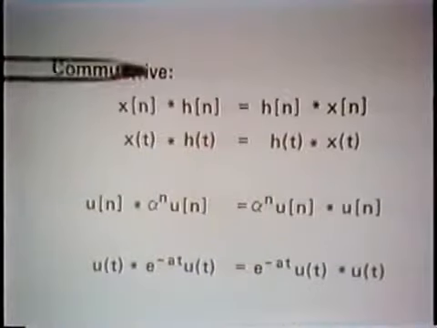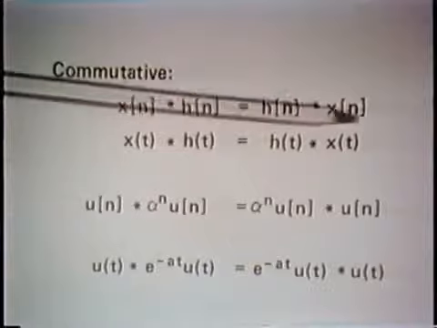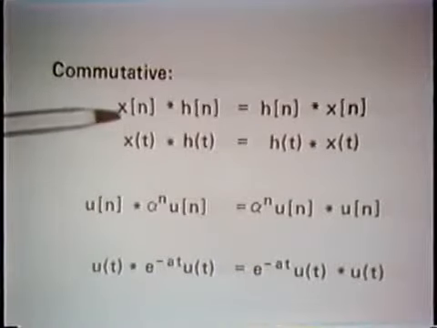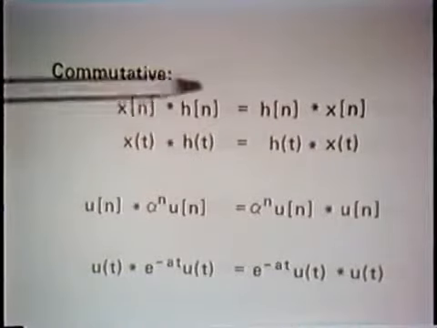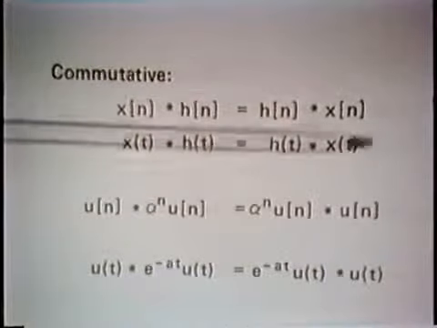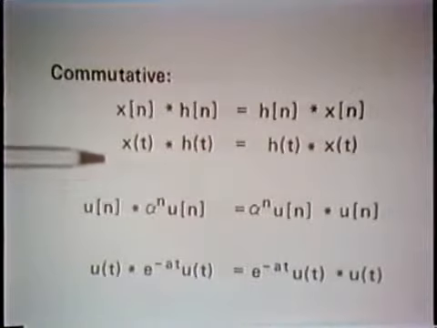So summarized here is the commutative operation in discrete time or in continuous time. It says that x of n convolved with h of n is equal to h of n convolved with x of n, or the same, of course, in continuous time.